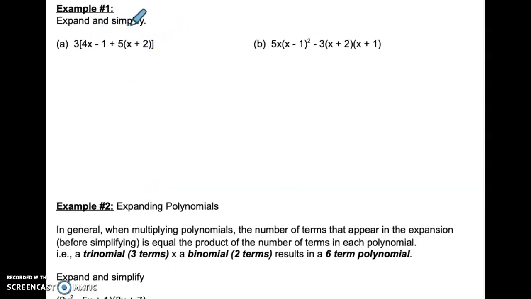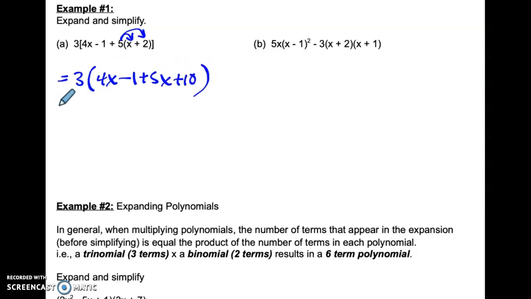Okay, for the first one here, you have to follow BEDMAS. So inside the brackets, you're going to simplify first. And within there, you're going to do multiplication before you do any of the addition or subtraction. So we're going to multiply in that 5. So we have 4x minus 1 plus 5x plus 10.